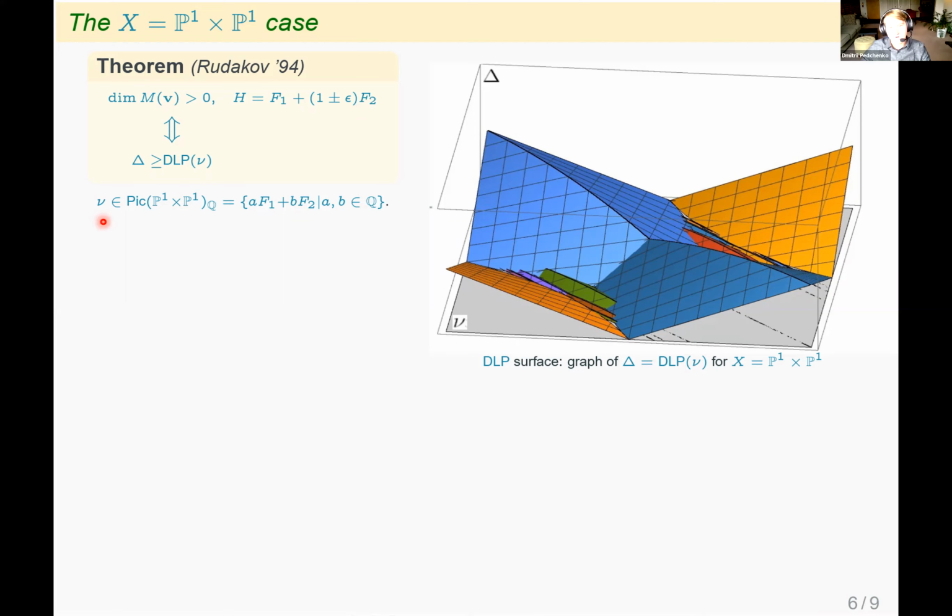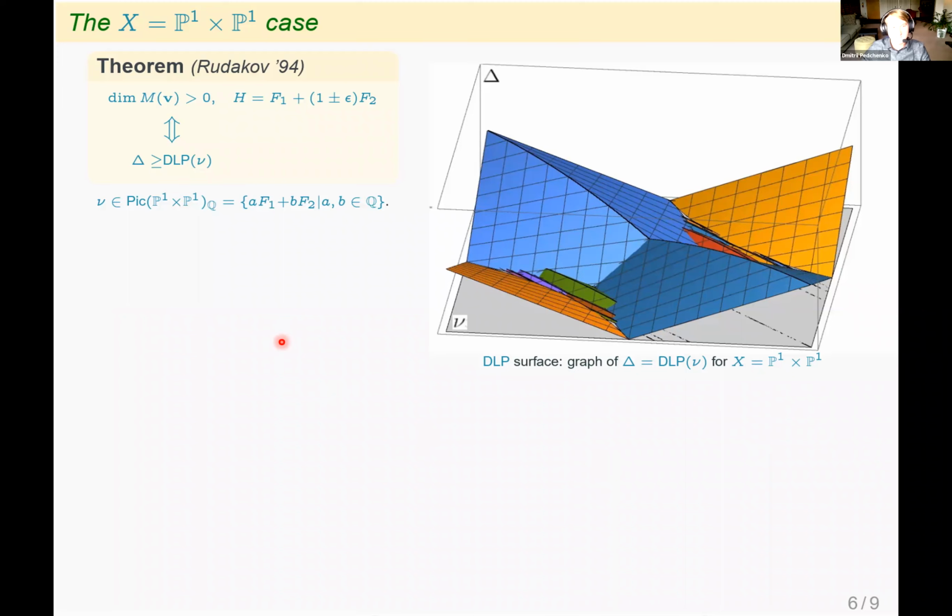And another remark is that the total slope now has 2 components because the Picard group of P1 cross P1 has 2 components. So if you want to visualize the graph of the DLP function in this case, you have the plane of total slopes this time, and then the discriminant is vertical. And the graph of DLP now looks like this surface.